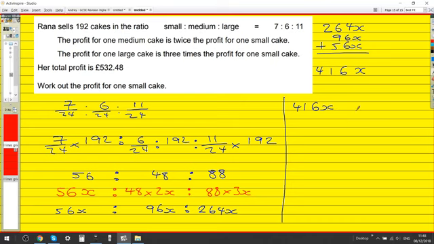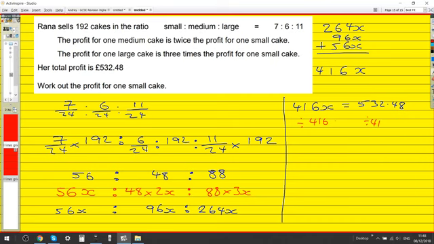So that's the profit. Is that the total of all the cakes? Would you take away from 532.48? So that's equal to 532.48. What's the opposite of times 416? Divide. Yeah, so it's not minus, it's divide.